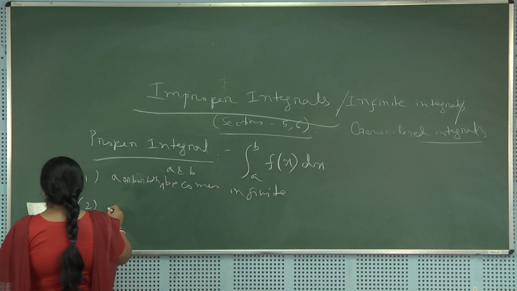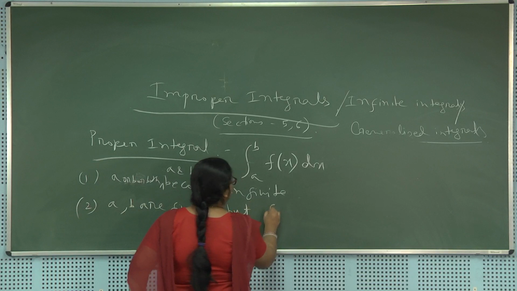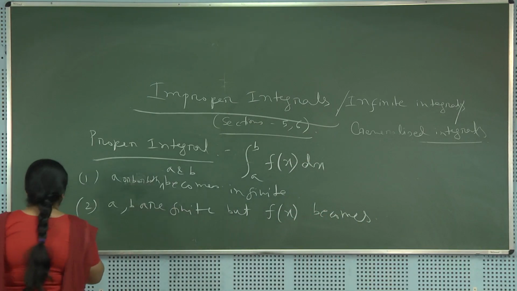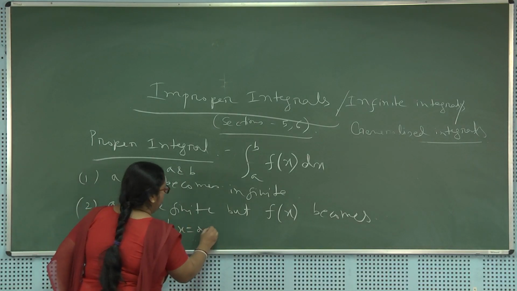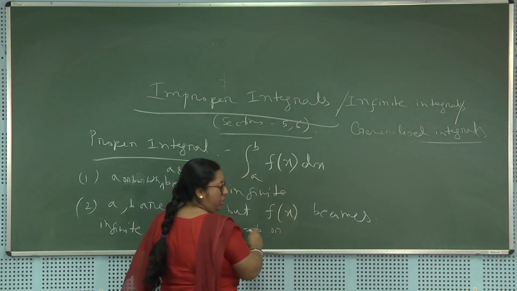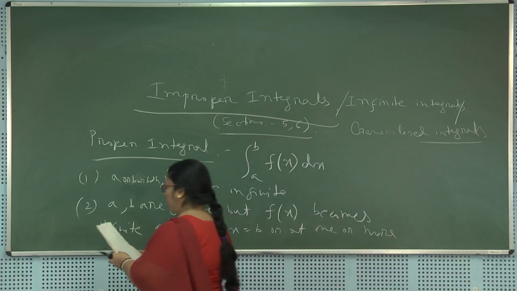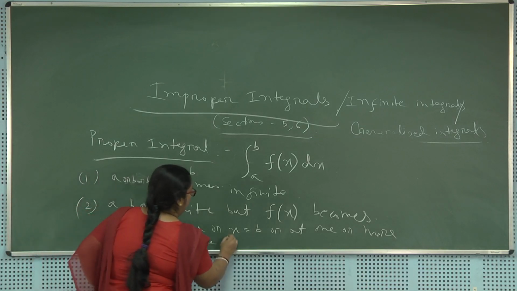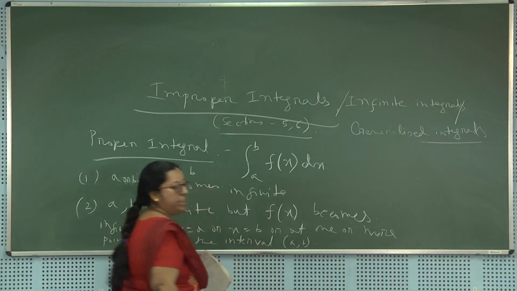So, it will be that a and b are finite, but our function f x becomes unbounded or infinite, either at x equal to a or x equal to b or at one or more points interior to a and b, within the open interval a b. So, these are the two cases.